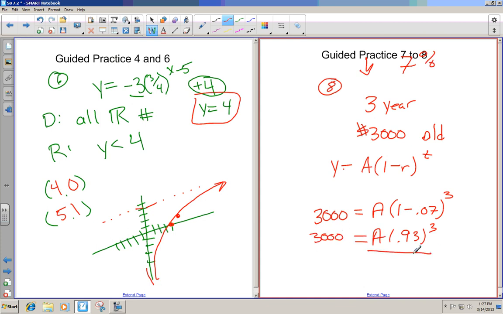And now when you divide by 0.93 to the third power, you end up with your original amount. So 3,000 divided by 0.93 to the power of 3 tells you that this, whatever it is, I don't even remember, snowmobile costs $3,729.69. That's how much it cost brand new.